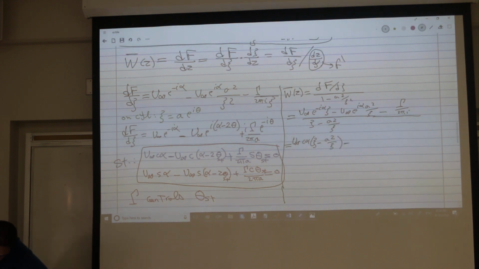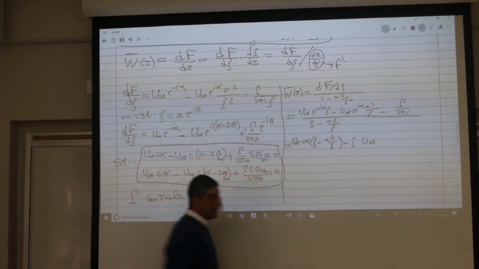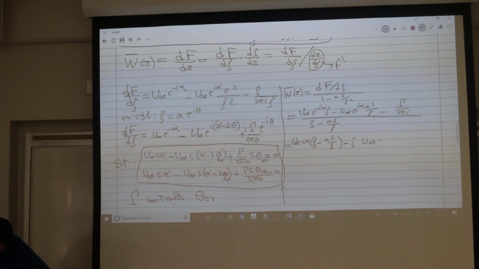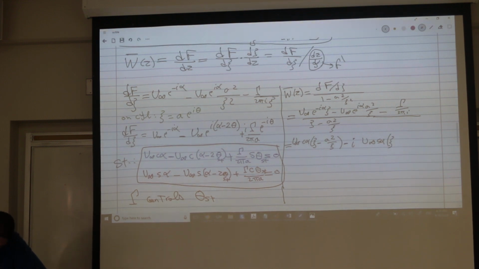The imaginary part, here is I, u infinity sine alpha zeta, and what else? Plus a squared over zeta, correct?